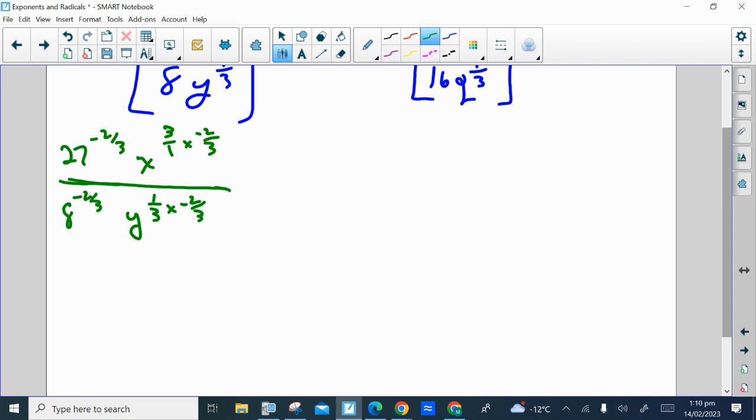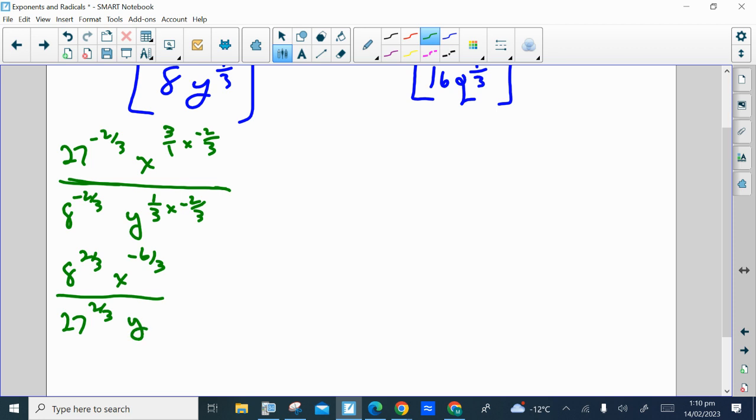So what I would do right now is flip the 27 and the 8. I want those exponents to be positive. So the 8 will come to the top, and that'll be a positive 2/3. The 27 will go to the bottom, and that'll be a positive 2/3. When I multiply the exponents for the x, 3 times negative 2 is negative 6 over 3. Top times top, bottom times bottom.